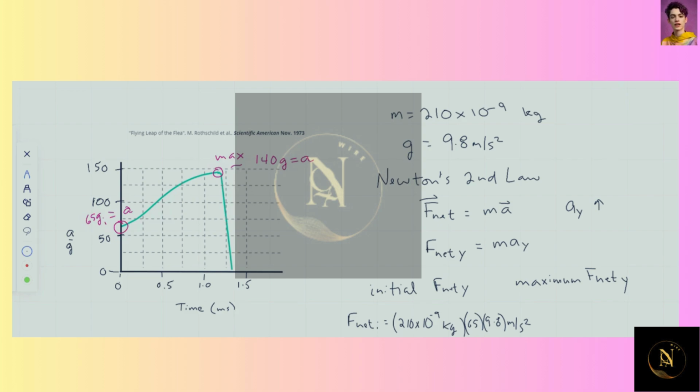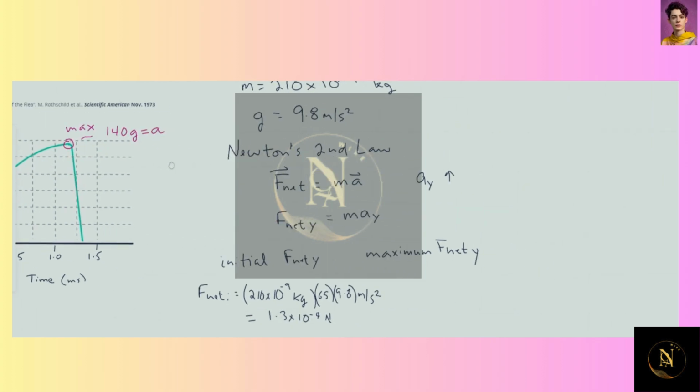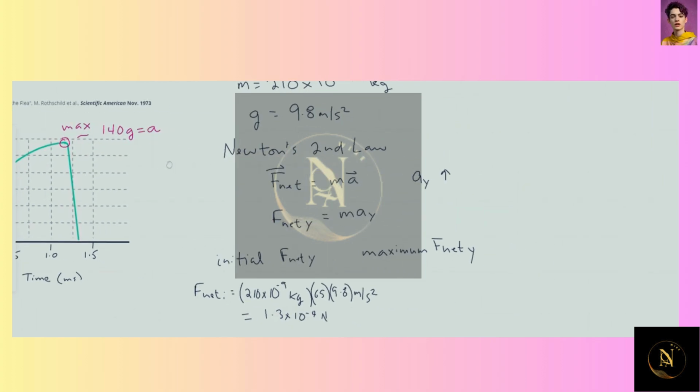And it won't sound like a whole lot, but seeing that it's coming from this little flea's legs, it won't be surprising that this is a small amount. And we can do the same for the maximum force. That's the same calculation, essentially, but using the 140 Gs.